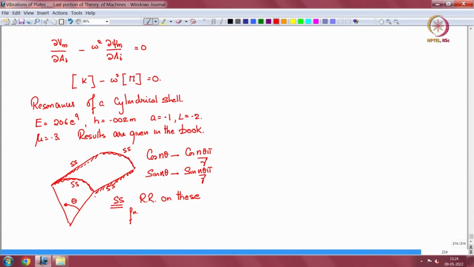Then, in the line of the circular plate and annular plate, suppose you had a plate sector.